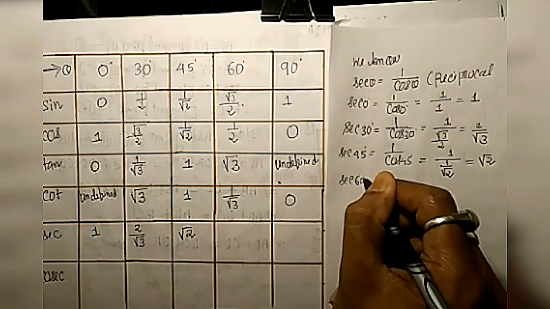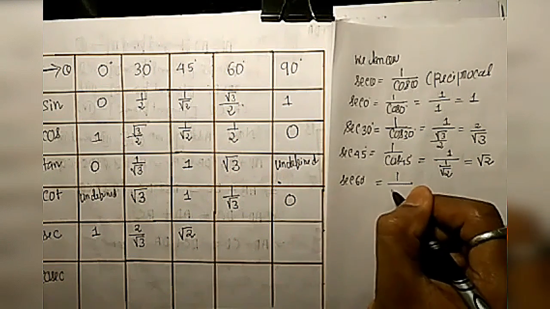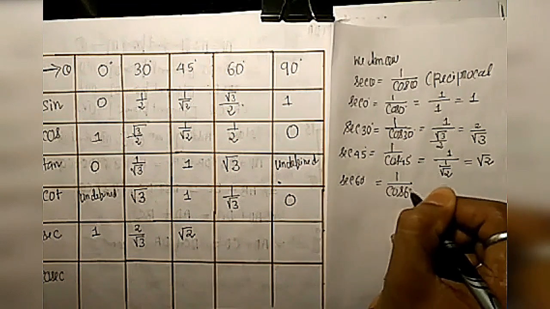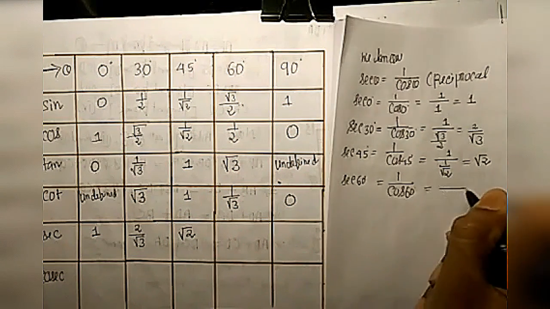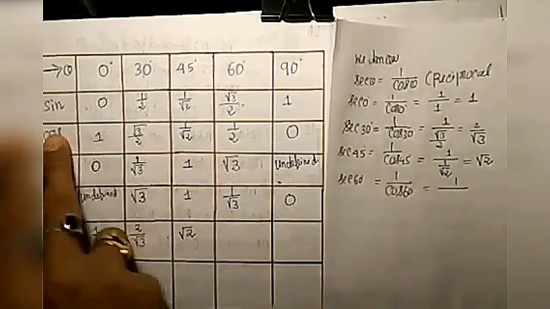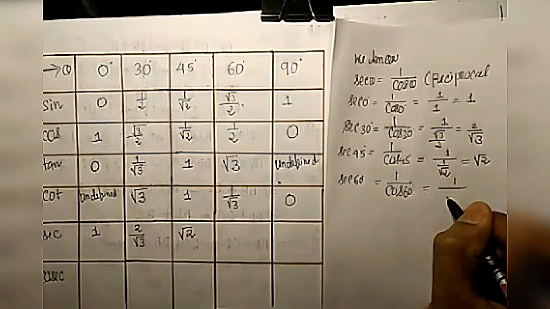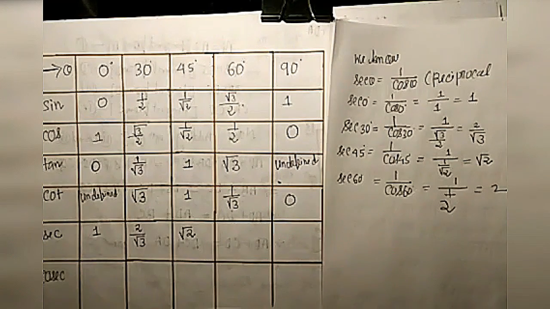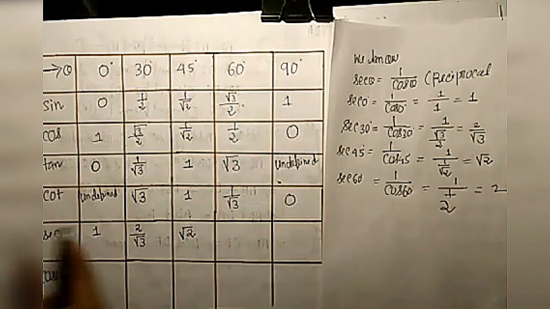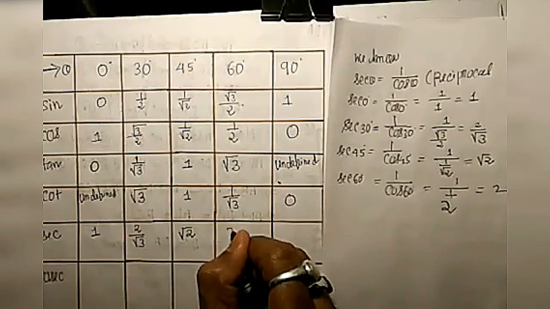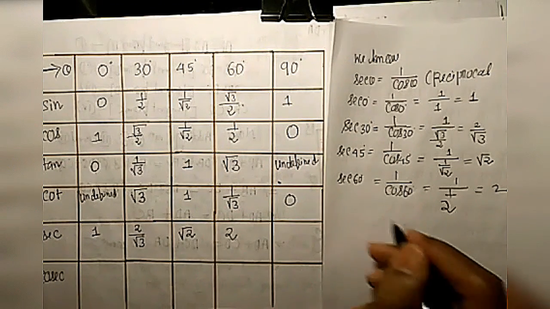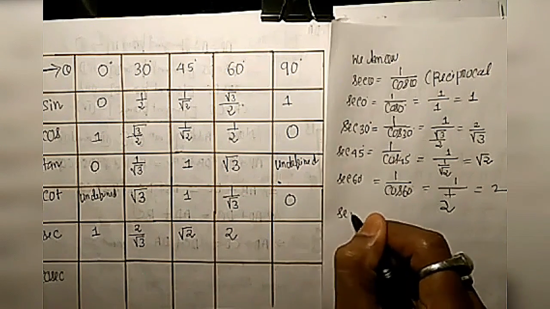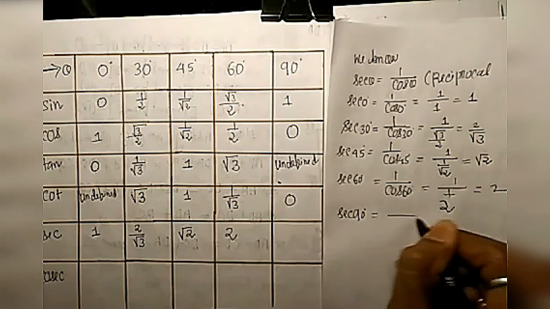Next, sec 60 degree, 1 by cos 60 degree. So that is equal to 1 by cos 60, which is how much? 1 by 2. So 1 by 1 by 2 is equal to 2. So sec 60 degree is equal to 2. Next, sec 90 degree.